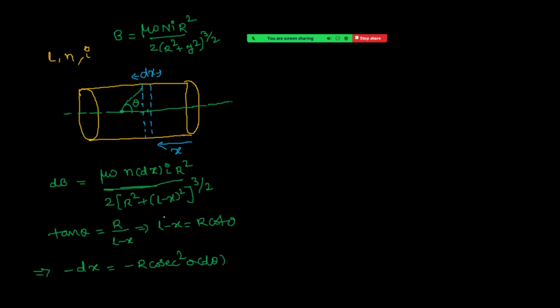And in the place of L minus x, write R cot theta here: R square plus R square cot square theta. So now see what we are going to get. I'm substituting these values in that. dB equal to mu naught N I R square.